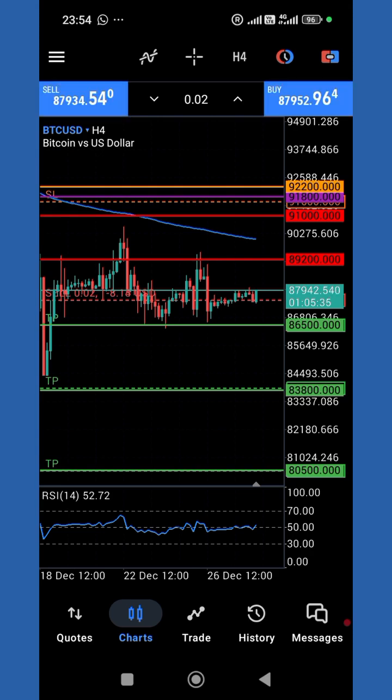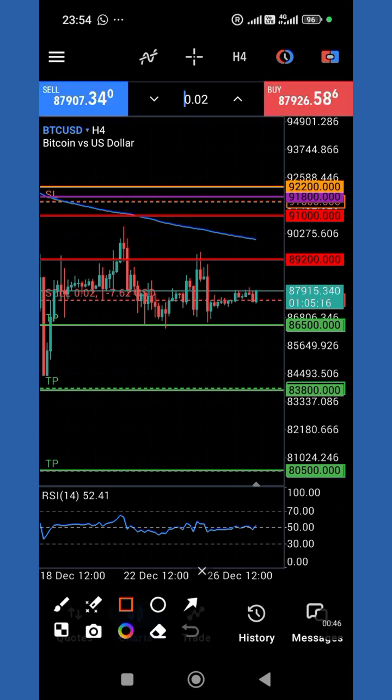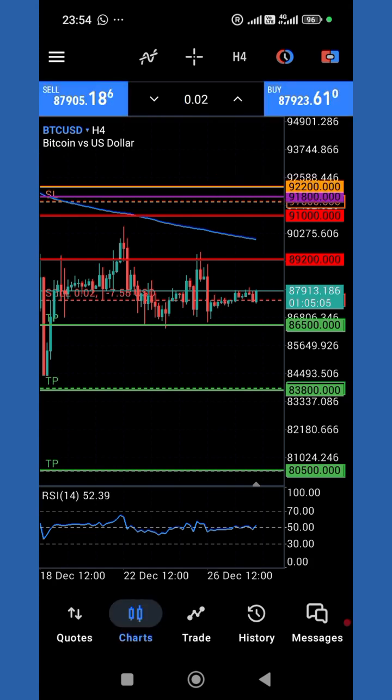If the candle, the current candle, moves in a bullish form to close above 92,000, and the 92,000 is going to be around these 2 lines, the side of the 92,000, then just abandon the short.